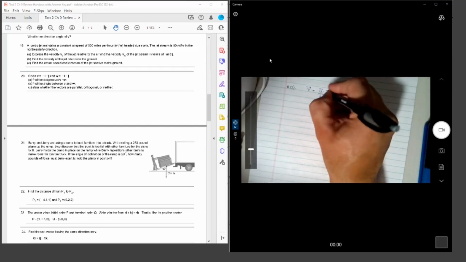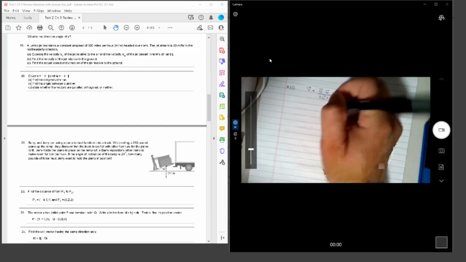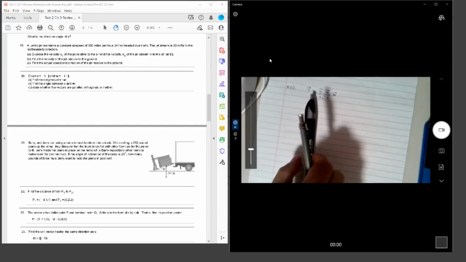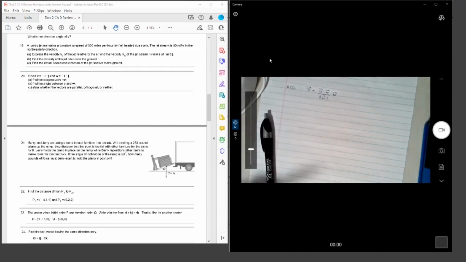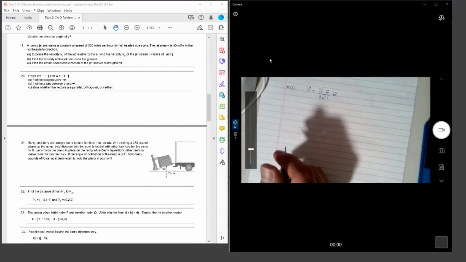Okay. All right. So let me read number 21. It says that Barry and Jerry are using a ramp to load a furniture into a truck. While rolling a 250 piano up the ramp, they discovered that the truck is too full with other furniture for the piano to fit.